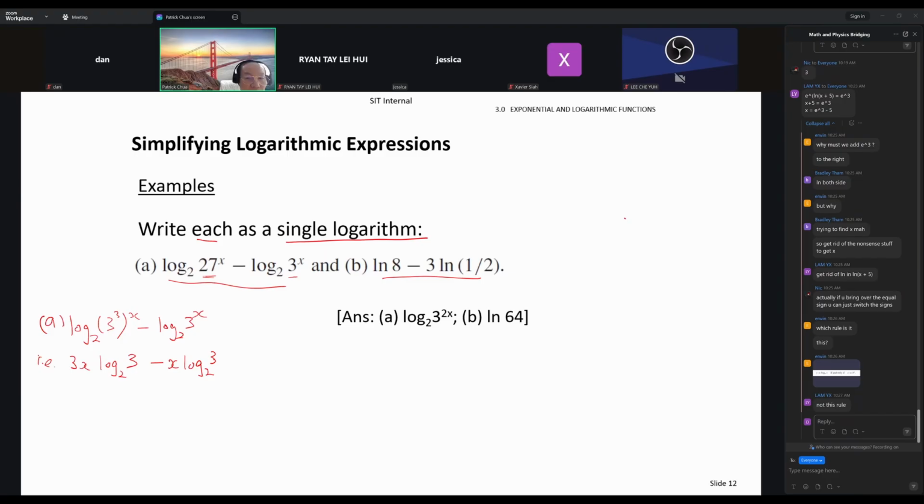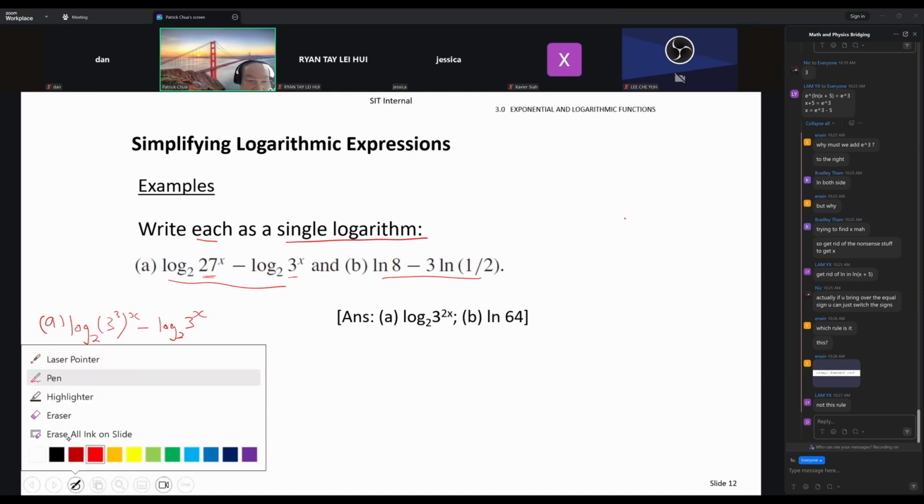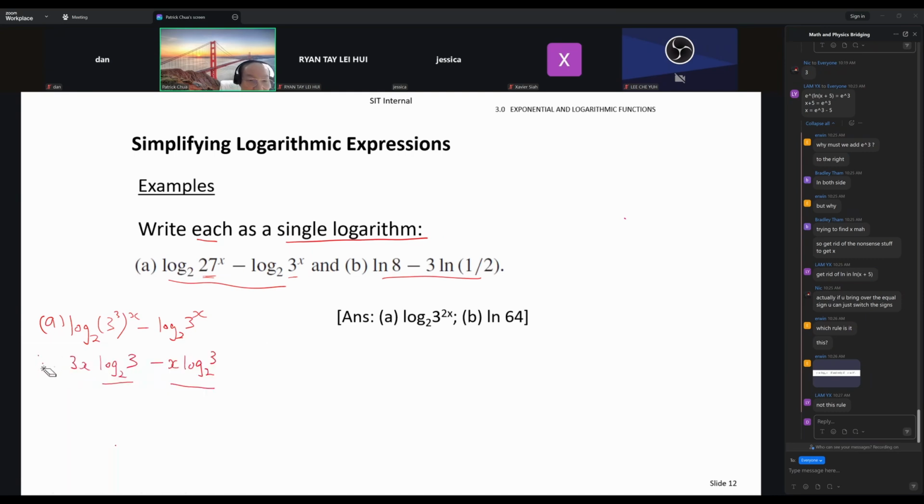Okay, so you have 3x log to base 2 of 3 minus x log base 2 of 3. So in other words, I put them together, that is equal to 3x minus x, which gives you 2x log to base 2 of 3.